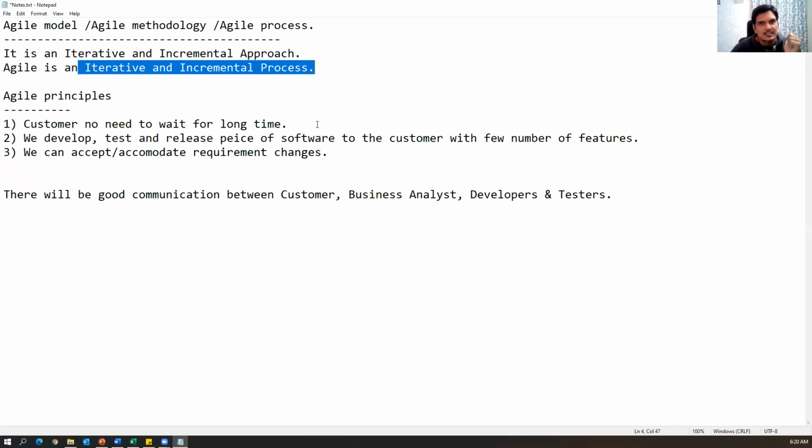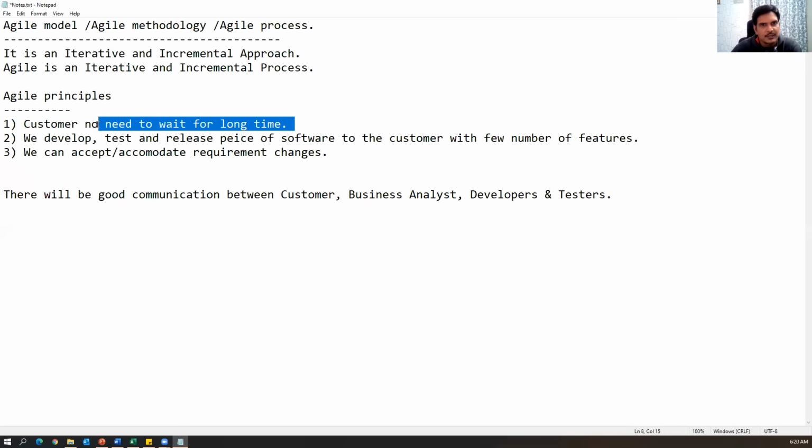And the principles are: the customer no need to wait for a long time, so we develop a piece of software and deliver it to the customer, and he is going to work on that software, and meanwhile we will also add new features, and this continues till we develop the complete software. Every time we release a new version of the software to the customer with a few features, and the customer no need to wait. Once all the features are developed, the customer will get the full-fledged product.